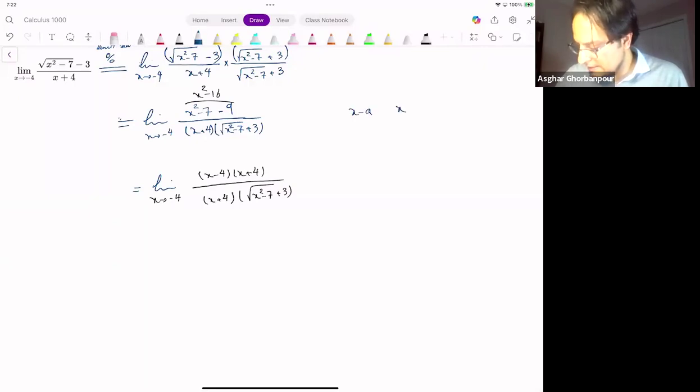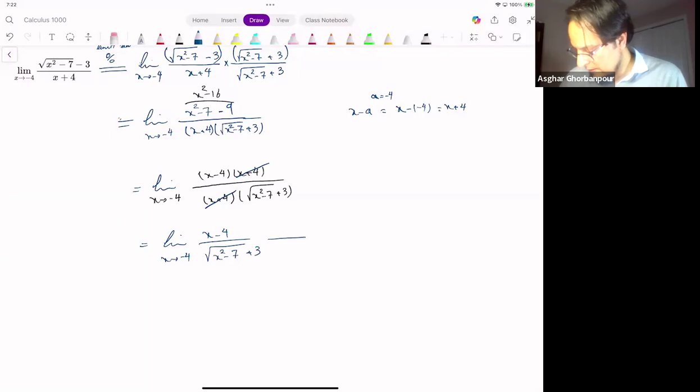Here, this is x minus negative 4, which is x plus 4. That's why we cancel this and that. That gives me the limit as x goes to negative 4 of x minus 4 over root of x squared minus 7 plus 3. And this is the quotient law.